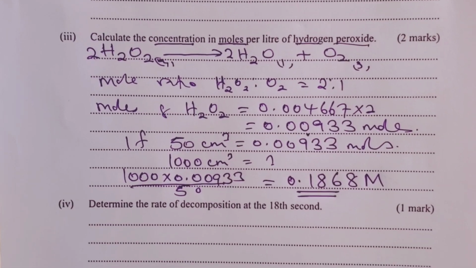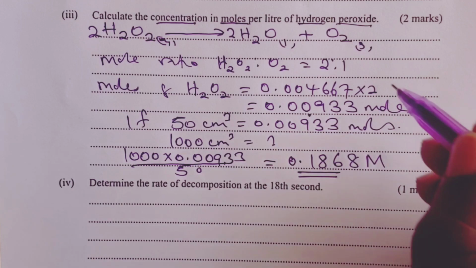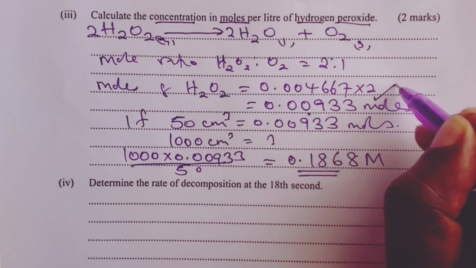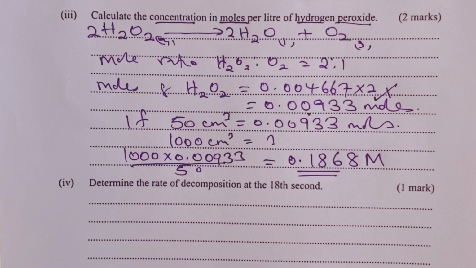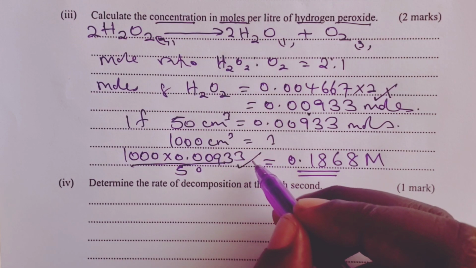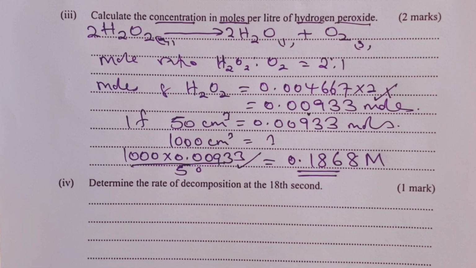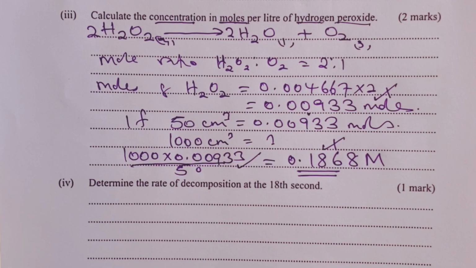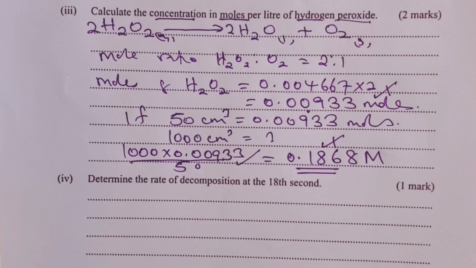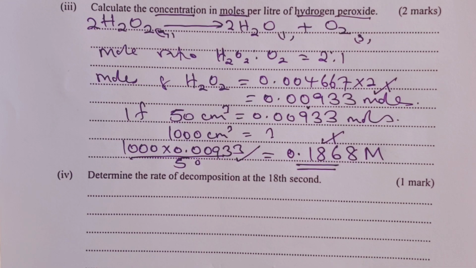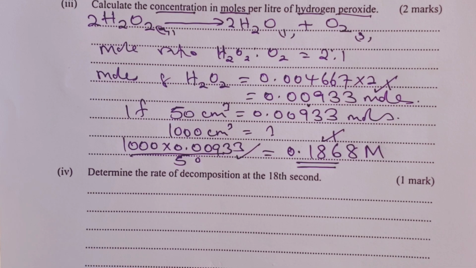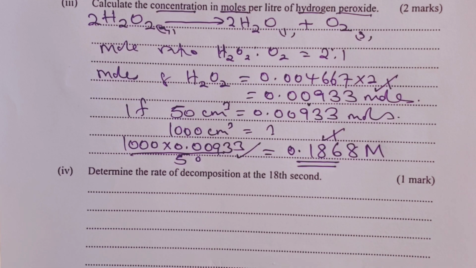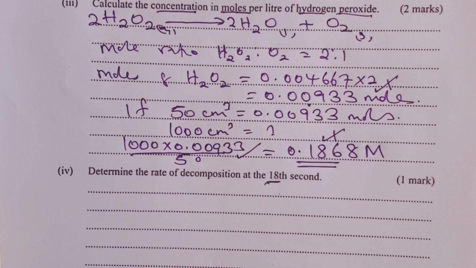It is 2 marks, so half a mark for getting the correct moles of hydrogen peroxide, 1 whole mark for multiplication by 1000 and division by 50, and a half for the correct molarity. Part 4 is asking us to determine the rate of decomposition at 18th second.